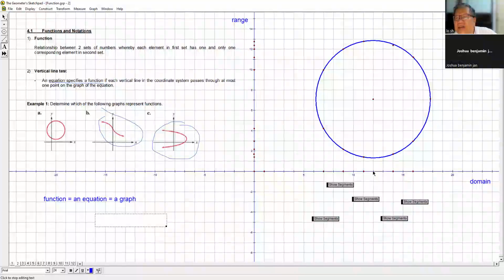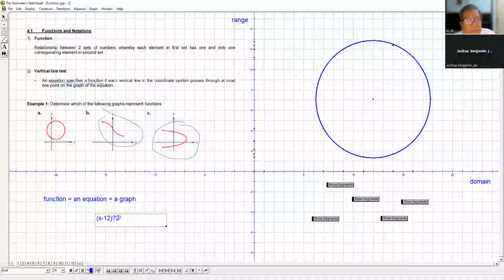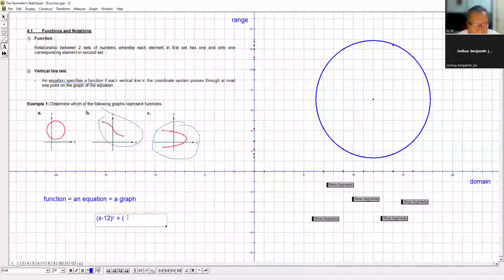Let's say the center of the circle is 12 and 7. (x minus 12) squared plus (y minus 7) squared equals to, let's say, 5.5.